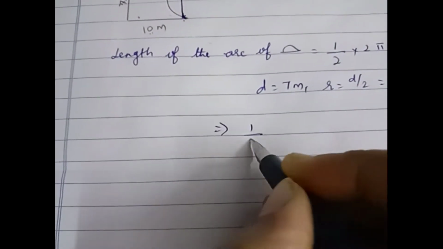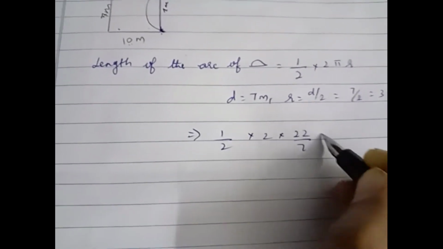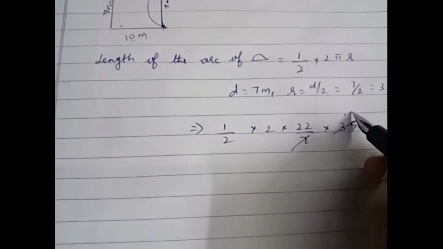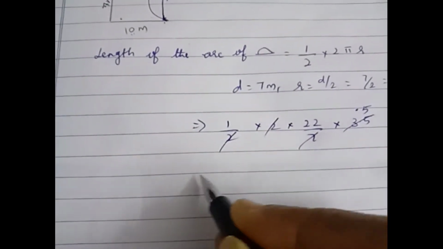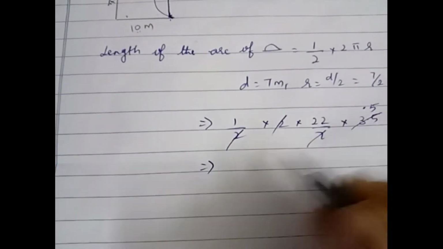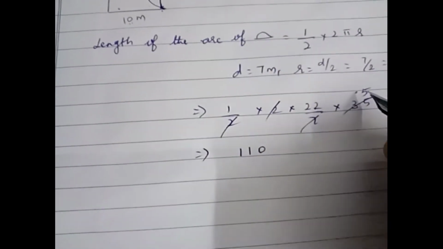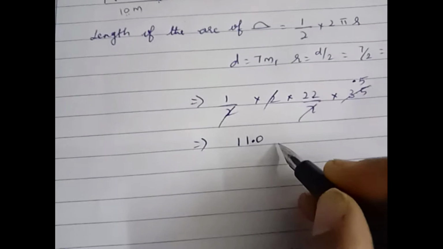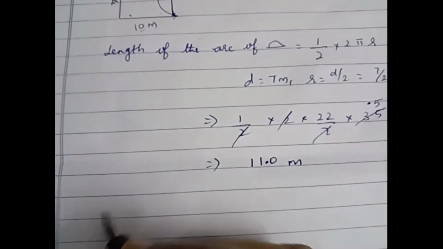Substitute in the value: 1 by 2 into pi value 22 by 7 into 3.5. If you cancel, this 2 and 2 are cancelled. 22 5s are 110. As they gave one number after the point, keep the point before one number. So your answer is 11 meter.